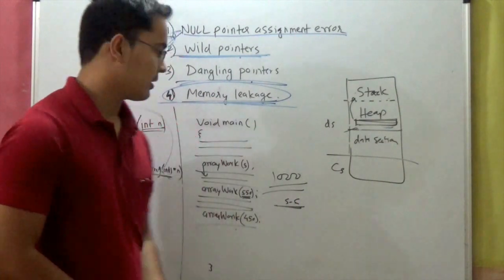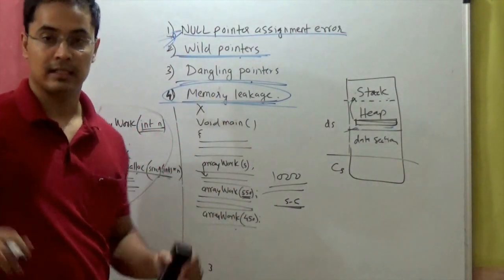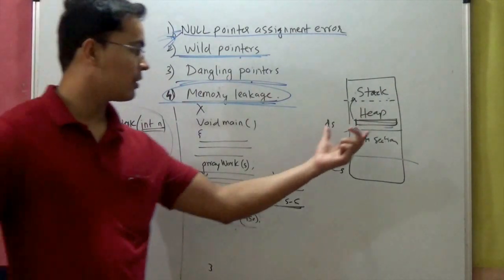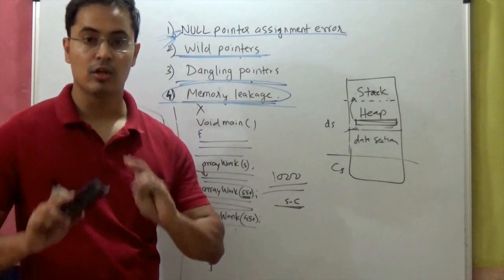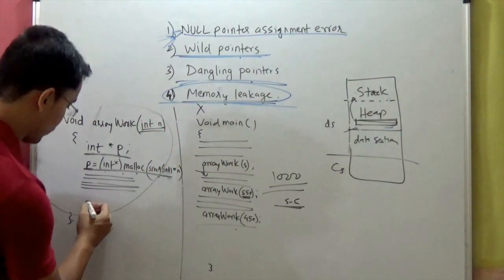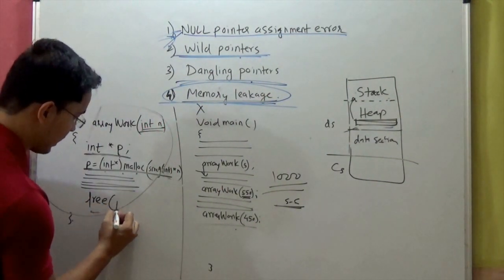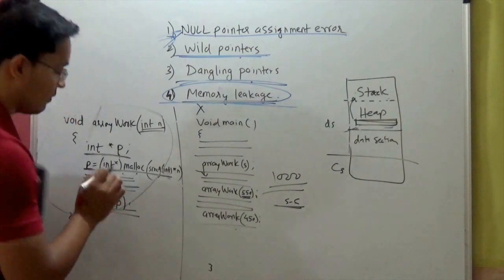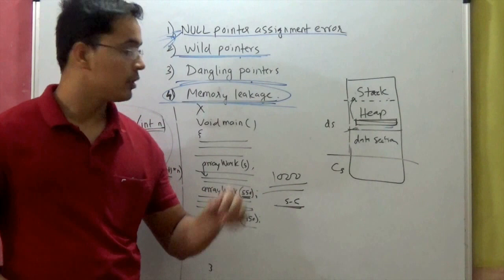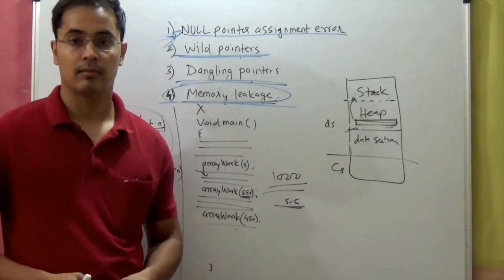So the important thing to avoid memory leakage is that if you're done with the use of dynamically allocated memory and you no more require it, at that point itself, you should deallocate it by explicitly calling the function free. These are certain things you must keep in mind while using pointers and dynamic memory allocation.